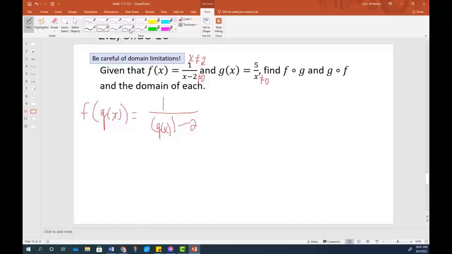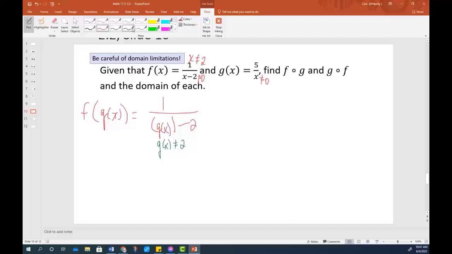Well, since g of x is going into this particular spot, then just like I was doing the domain for f of x, g of x cannot equal 2. So now we're going to keep that in mind, and it might not be the finished product, but it's a part of it. We know we can't let g of x equal 2.